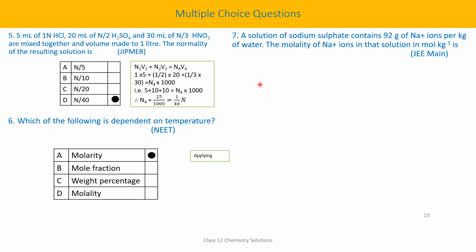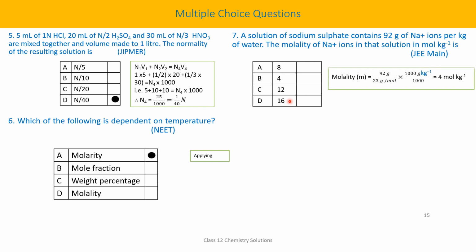A solution of sodium sulfate contains 92 grams of Na+ ions per kg of water. The molality of Na+ ions in that solution in mole per kg is: option A 8, option B 4, option C 12 and option D 16. Please analyze and calculate.